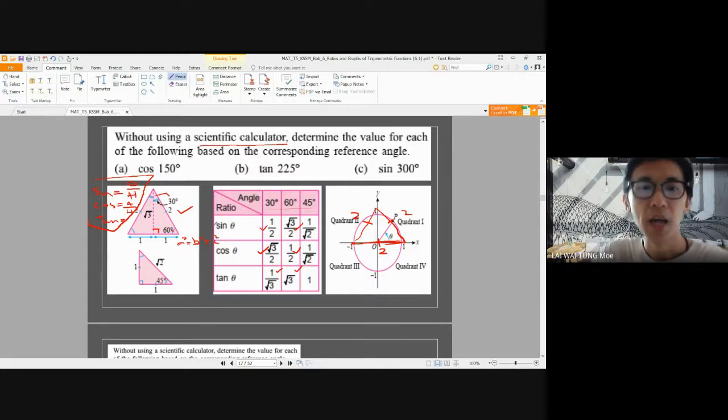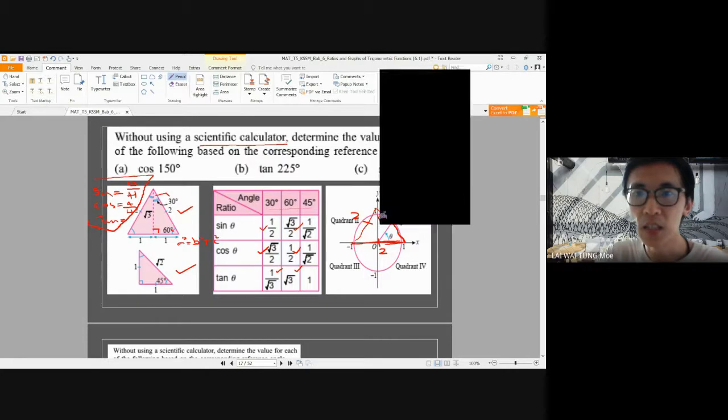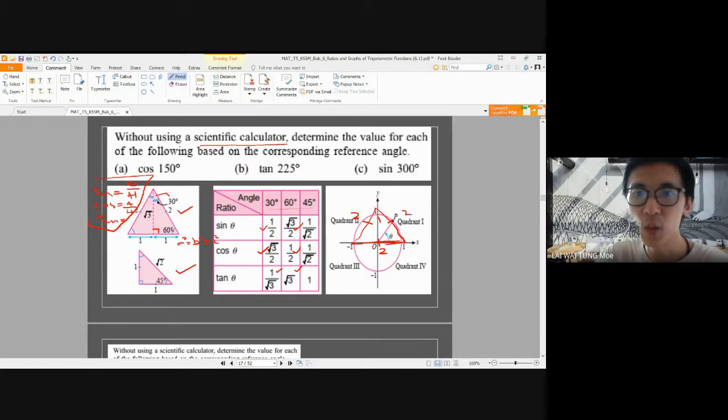And then the next triangle also comes from your unit circle, where this side is 1 unit and here is 1 unit. So you draw a triangle something like this.